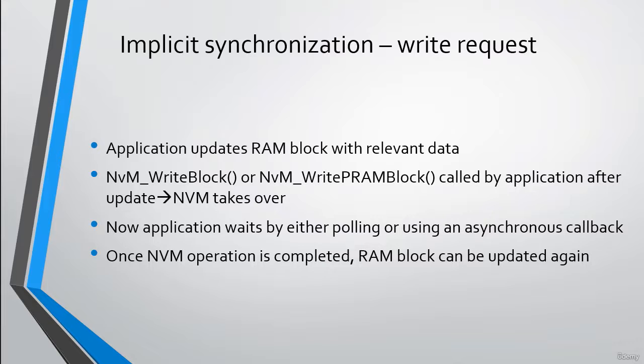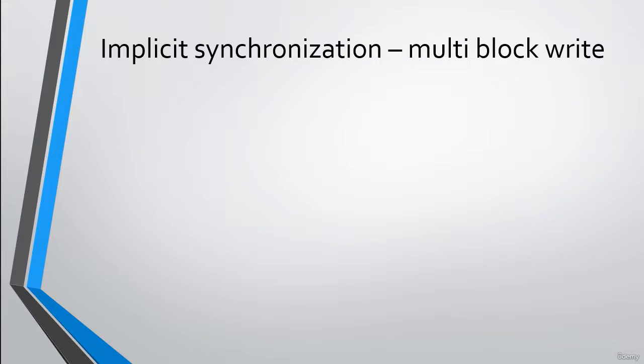Now let's look at the multi-block write use case. As I told you, these kinds of requests are used at startup and shutdown. The module involved here is the ECUM, which is the ECU mode manager. It is the responsibility of ECUM to trigger these operations at startup and shutdown.